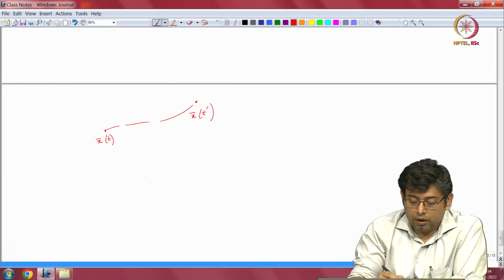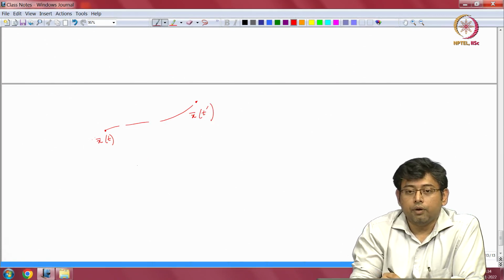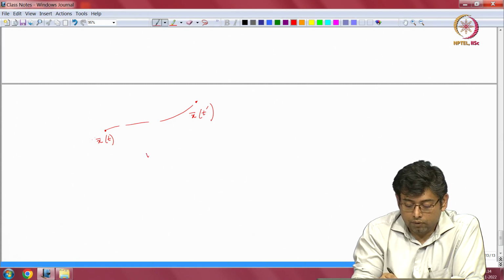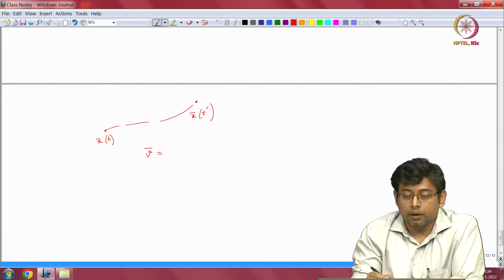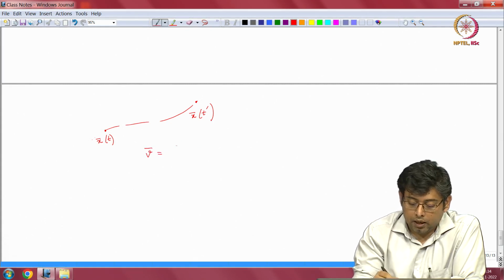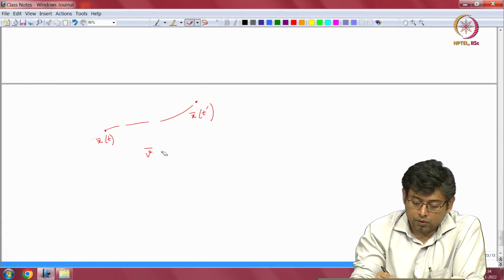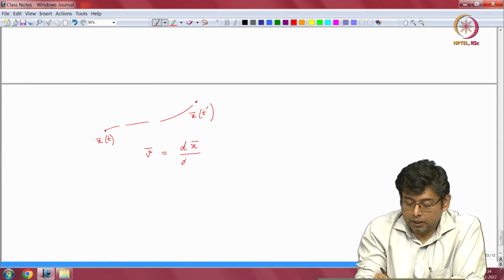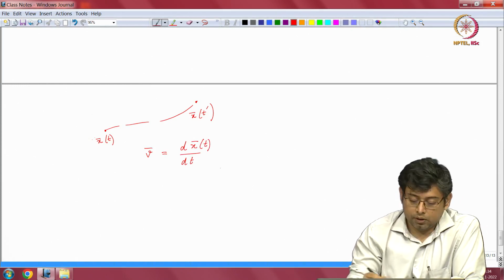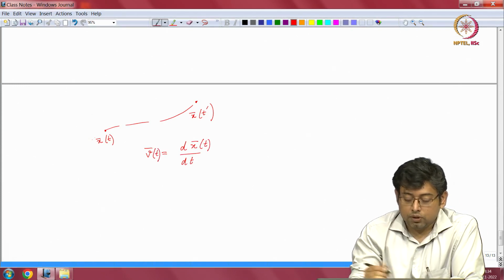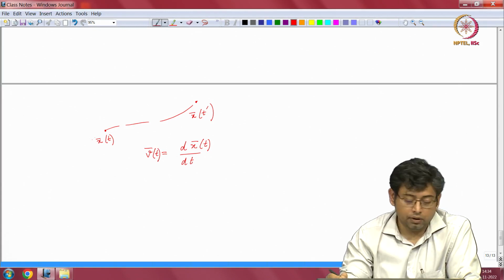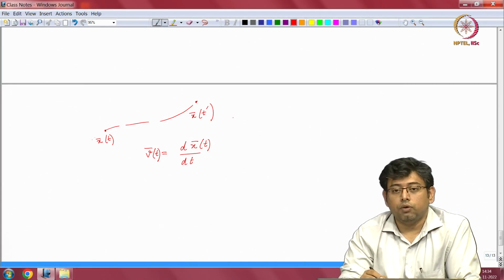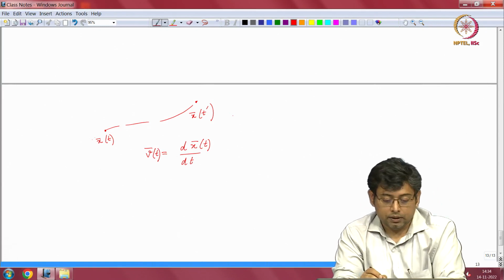If this path is known, then the velocity of this particular body is simply dx by dt. So, my x is just a function of time, I take a derivative with respect to time, and I get a velocity which is also in general a function of time.